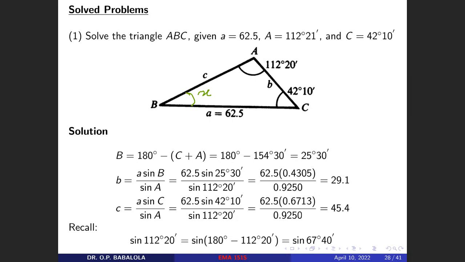Now, we want to obtain the other two sides of this triangle. We have been given only one side of the triangle, which is A, equal to 62.5. How do we then obtain B?